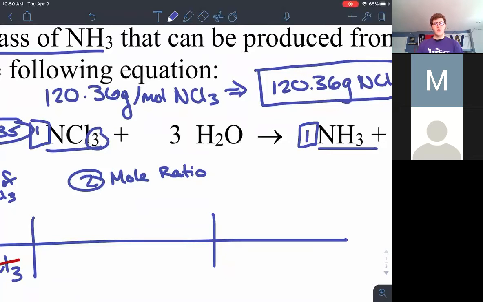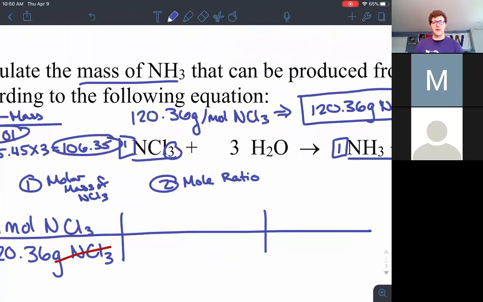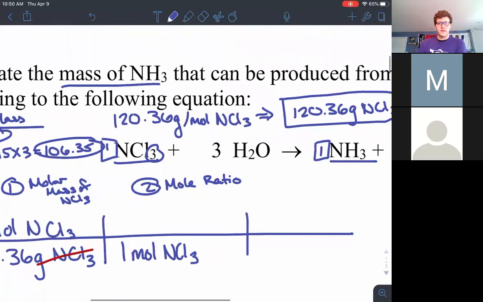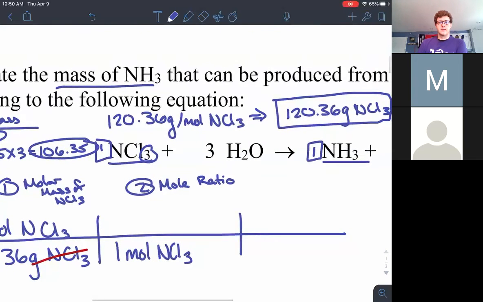Perfect. All right. So now, where do I put the 1 mole of NCl3? Do I put it on the top or the bottom? On the bottom. I want that 1 mole to cancel. Which means what goes on the top? Careful, what are we trying to use here?